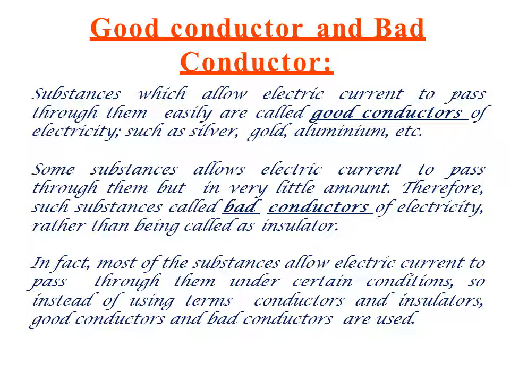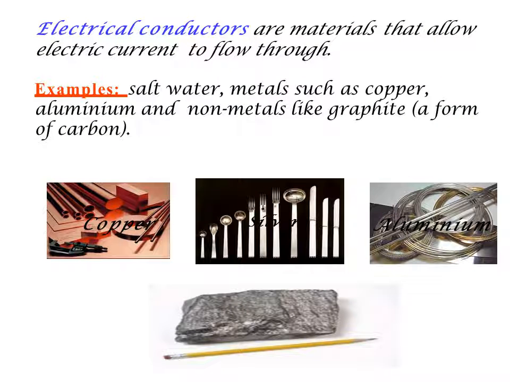So instead of using the terms conductors and insulators, good conductors and bad conductors are used. That means for our easy study, we can omit insulators, but we have to know about that also. So good conductors and bad conductors. Then we will move to electric conductors.